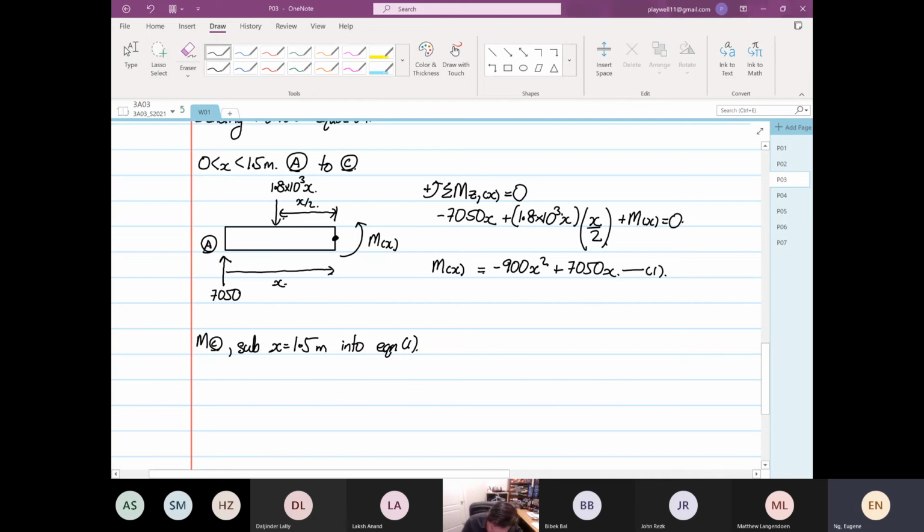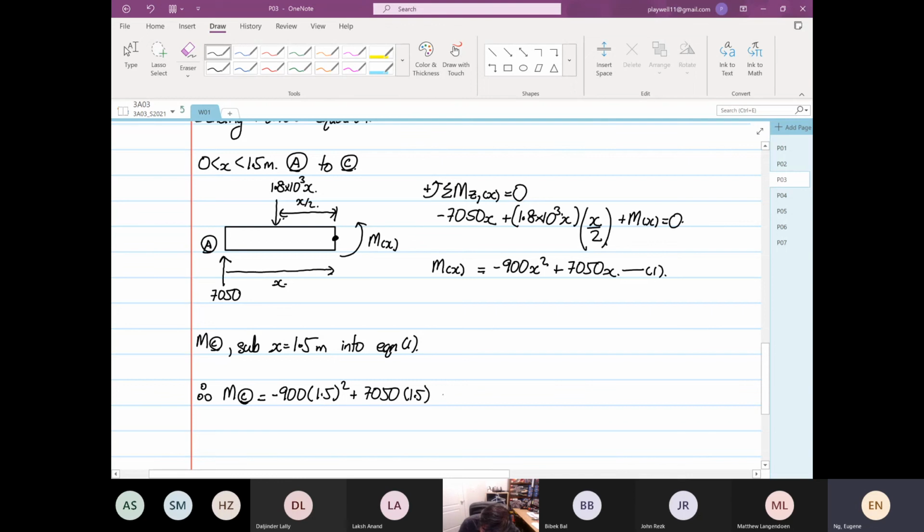So therefore the moment about point C will be equal to minus 900 times 1.5 squared, plus 7050 multiplied by 1.5.